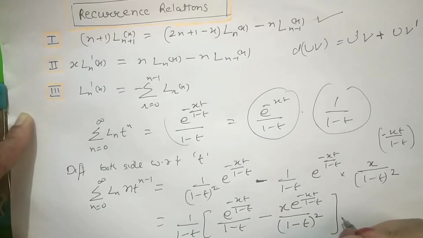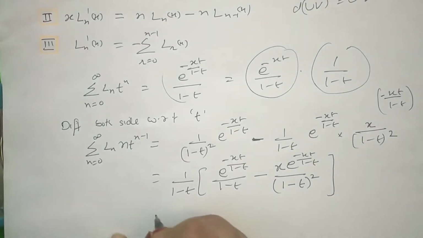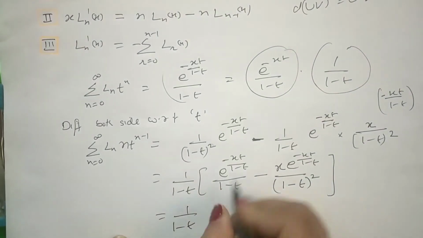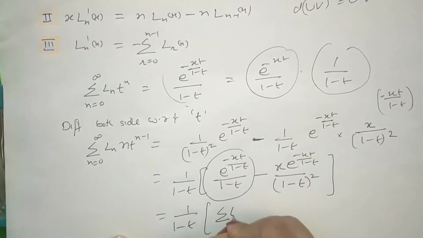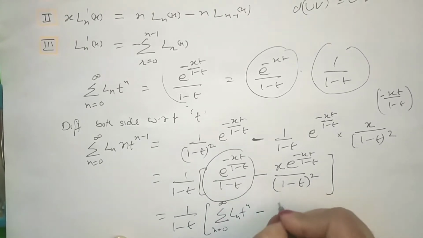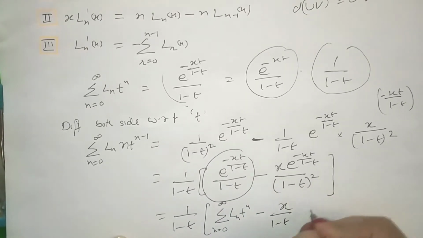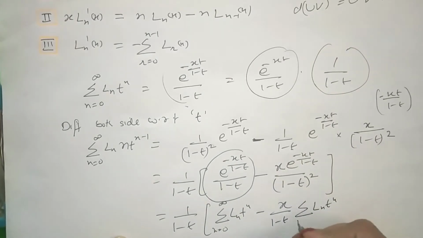After taking 1 minus t common from here. Now we put the value of this, which is summation L_n t raised to power n, where n varies from 0 to infinity. Here also keeping x upon 1 minus t as it is, and the rest of the term will become the generating formula.